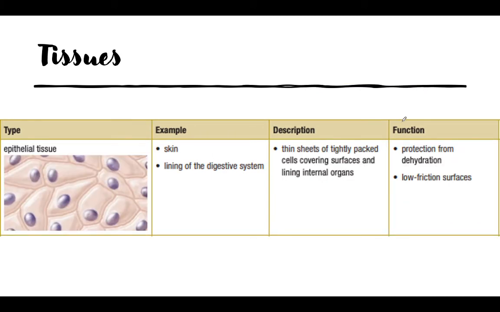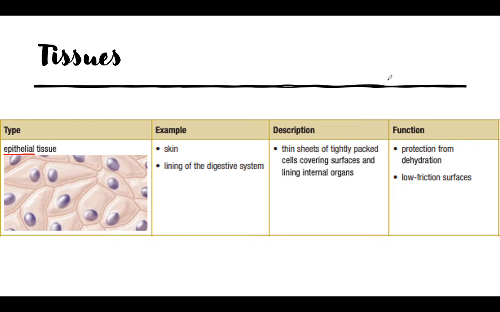The next tissue type that we're going to look at is epithelial tissue. Epithelial is a word that you might come across a lot in biology. It just means outer layer. That's an easy way for you to think about it, because epithelial talks about our skin. A description of it: it's very thin sheets, tightly packed.